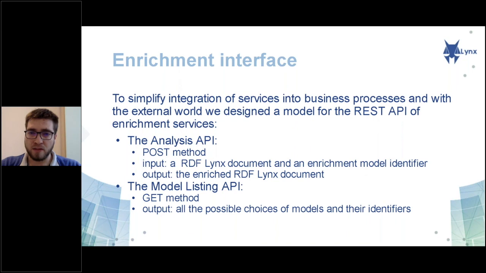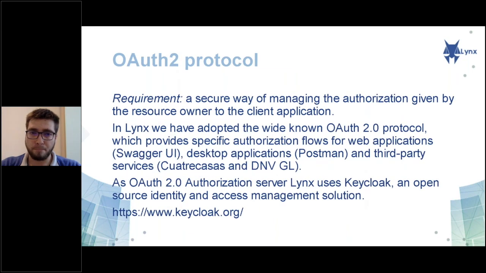Next slide, please. I move now to principles of the Lynx architecture which are concerned with the security of the REST resources. One fundamental requirement in order to protect the REST resources is to establish a secure way of managing the authorization given by the resource owner, like the user, to the client application.